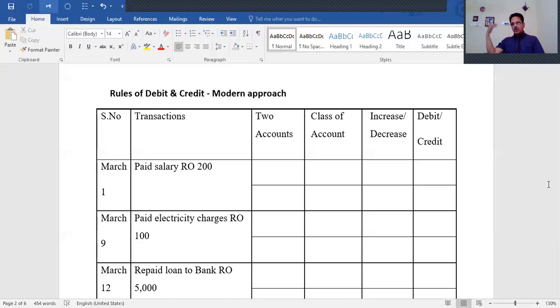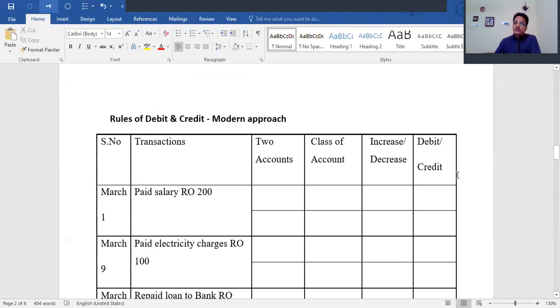If any assets or properties go out, it will be credited. Then the nominal account: debit all expenses and losses, and credit all incomes and gains. This is the traditional rule. So these two rules we discuss always. You should remember these two rules, then it will be very helpful for you to decide the debit and credit aspects. So first we'll discuss now; we are doing it with the modern approach.